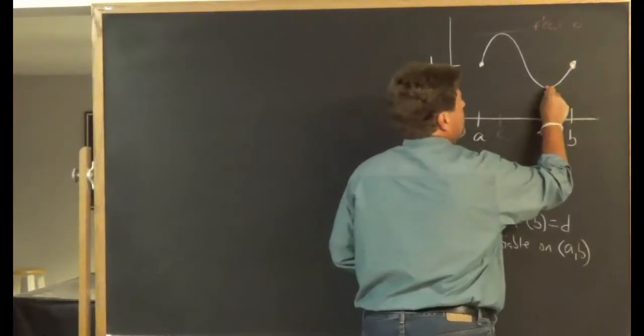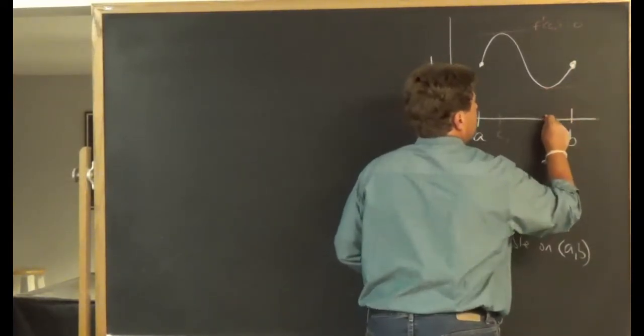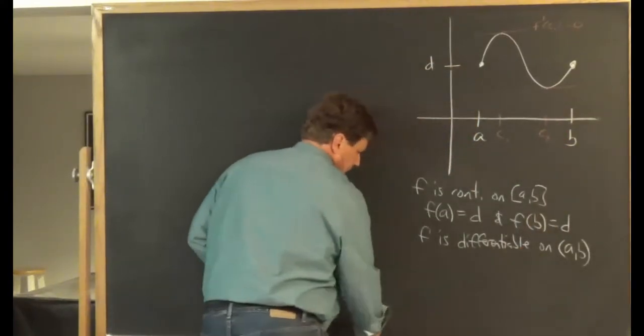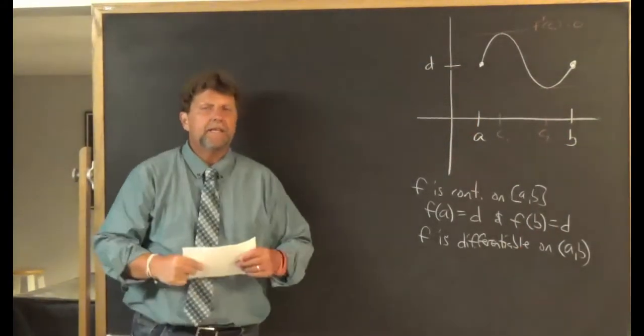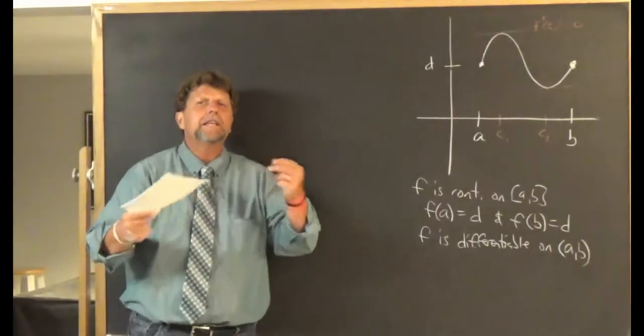And notice this one would actually have two values of c. But the theorem says it's a guarantee that there's at least one.